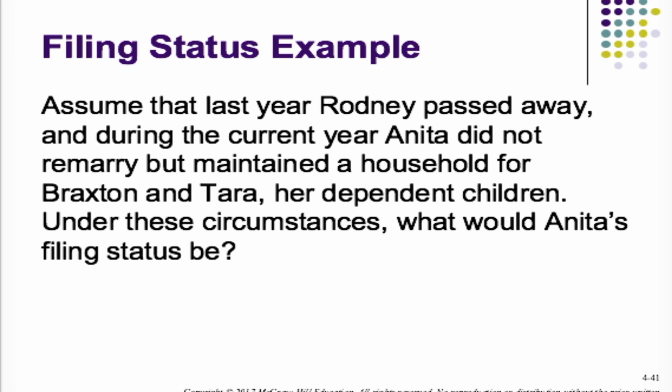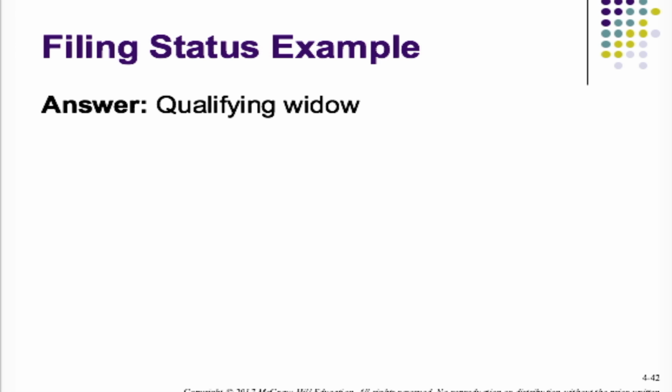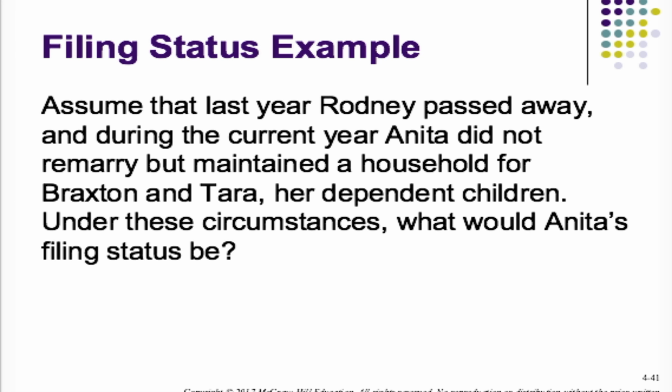You're going to think to yourself, well, do any of the married statuses apply? Then you're going to look and say, well, if none of those apply, what about head of household, qualifying widow or widower? These should be kind of red flags to get you to think about those individual scenarios and plug her situation in and see if she qualifies. In this case, she would qualify as a qualifying widow because of the timeliness of Rodney passing away.